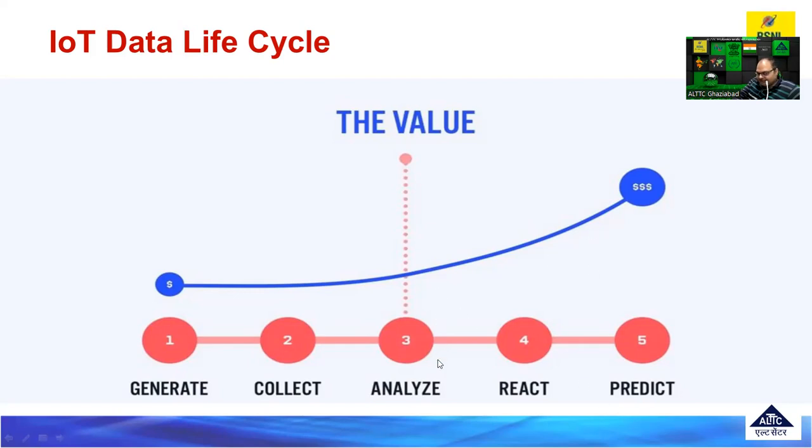In one analysis, it may come that a particular thing should be destroyed, so a destroy command will execute. That means it needs to react. Then it will react, and after proper calibration, it will predict.